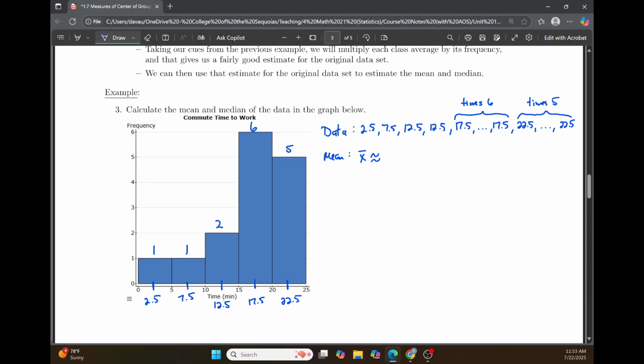So we're going to add up the values, 2.5 plus 7.5 plus 12.5 times 2, because we add it to itself, plus 17.5 times 6, because there were 6 of those, plus 22.5 times 5, because there were 5 of those. And then we're going to divide by the number of values in the data set, which would be 1 plus 1 plus 2 plus 6 plus 5.